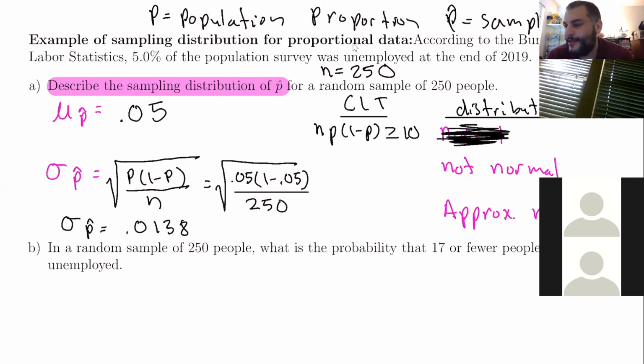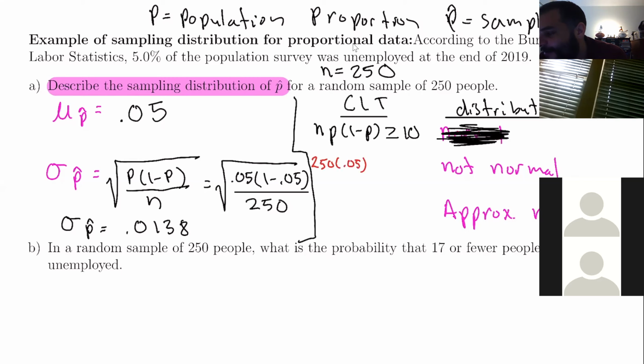So I'm going to go ahead and substitute everything in. You do 250 times 0.05 times 1 minus 0.05. This is what I'm going to multiply on my TI-83, so let me switch over to the TI-83.